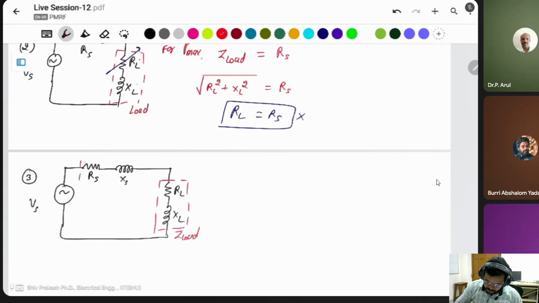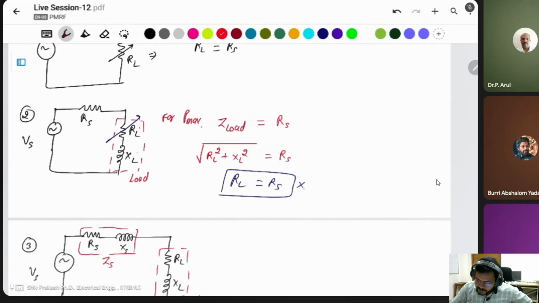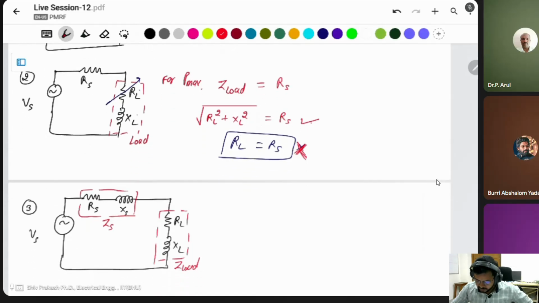Sir, in the second case, RL is equal to RS into X? No, no. How can you multiply the X? No, I mentioned this one is not correct. This one is correct, not the X. Don't get confused. This one is incorrect. This one is correct. I mentioned that.